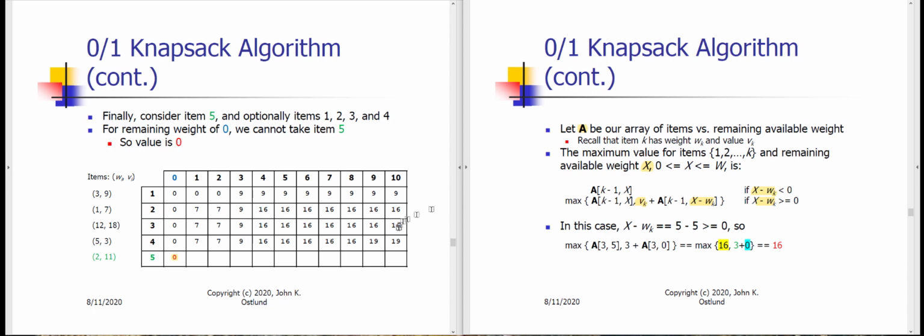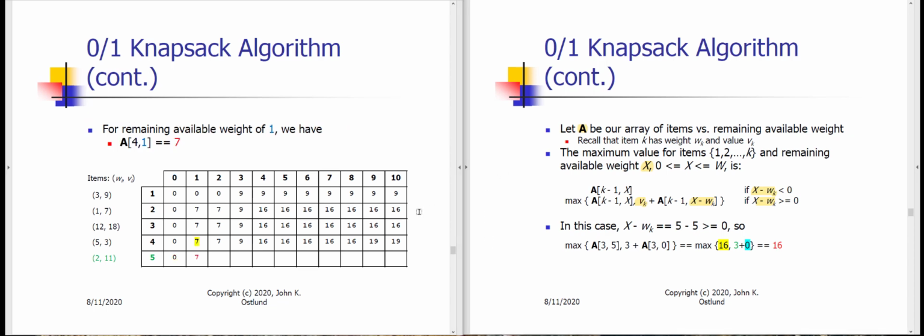Let me leave these equations up. Okay, so for an available weight of 1, the weight of item 5 is 2, so we still can't use item 5 yet. We just copy down the 7.